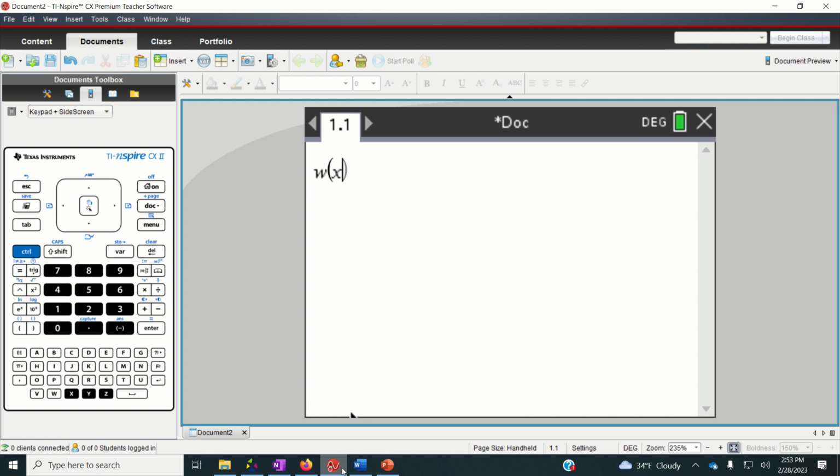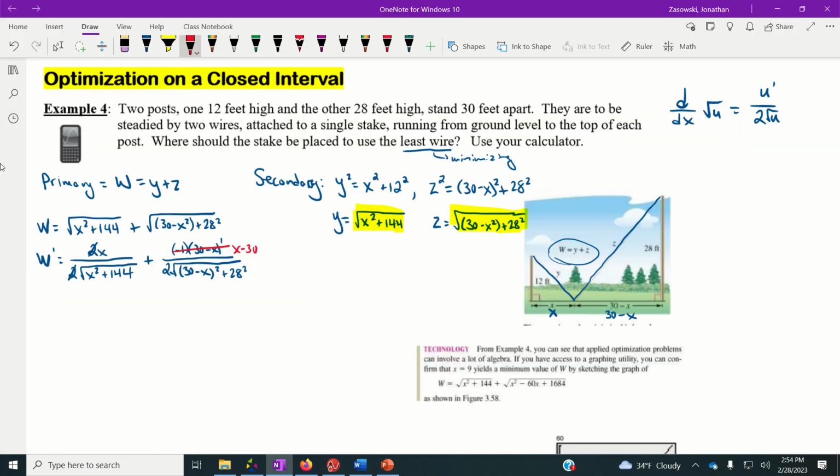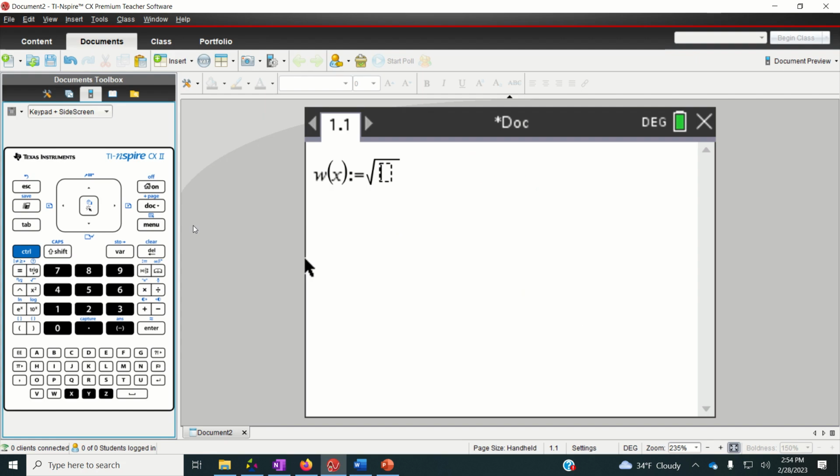We're going to call it w of x, and we're going to let w of x be the derivative of that function. So the first thing we're going to do is set w of x equal to, so control and then symbols, and we know that we're using that square root function, and I'm typing in the original equation here, square root of x squared plus 144 plus this, okay?